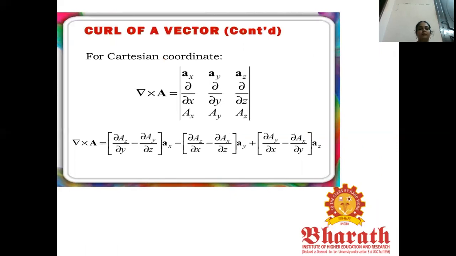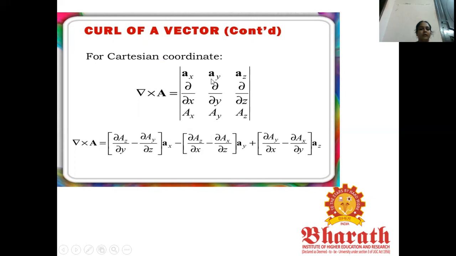Next, curl of a vector in Cartesian coordinates. Del cross A can also be denoted by the determinant with i, j, k, dou by dou x, dou by dou y, dou by dou z, and Ax, Ay, Az. So here, for Ax, corresponding column, corresponding row: dou by dou y of Az minus dou by dou z of Ay.